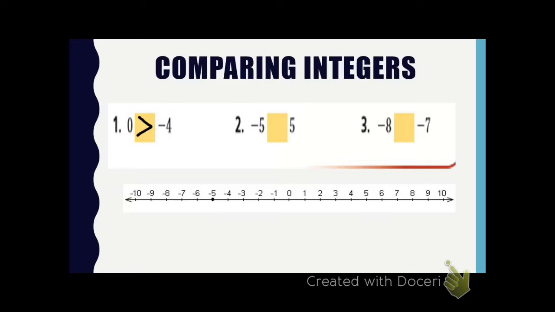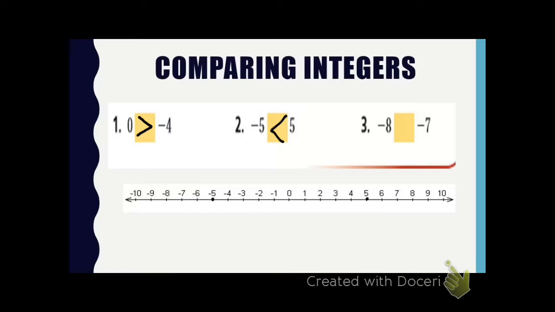So I mark -5 on my number line. Then it says +5. So I mark my +5. So I have -5 and a +5. Well, -5 is further to the left, so it has to be worth less. So -5 is less than 5.